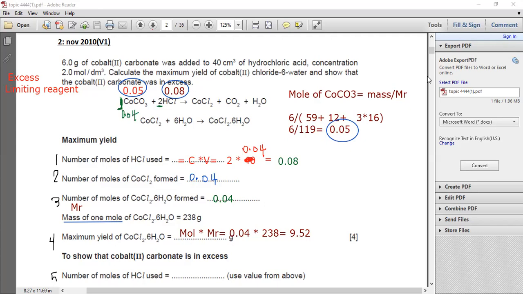Cobalt carbonate is supposed to be 0.04, but when I calculated cobalt carbonate, it was 0.05, not 0.04. So cobalt carbonate is in excess. We took more of cobalt carbonate. Clear?